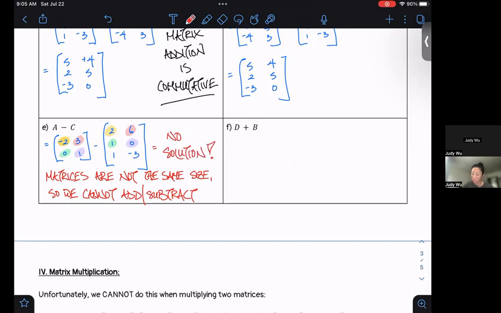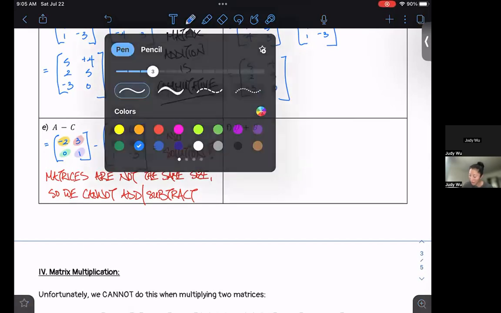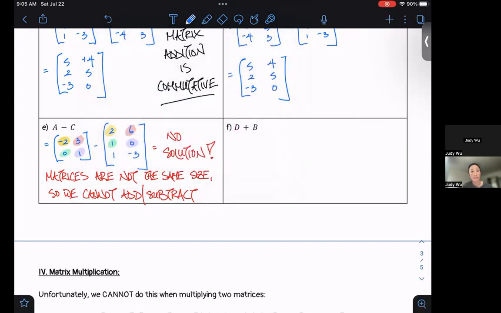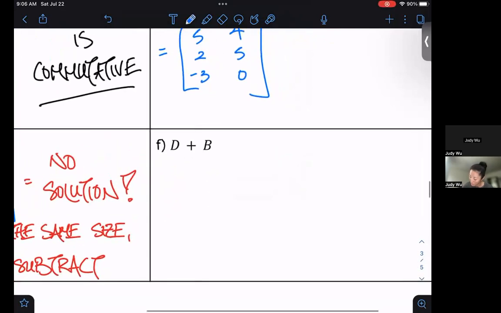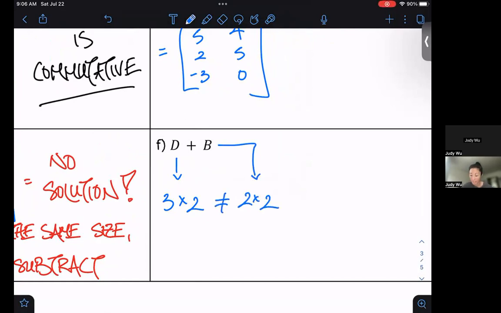Okay, all right. I'm not even going to write down D plus B, but I'm going to go back and say, what are the dimensions? I remember that D is a 3-row and 2-column matrix, and B is a 2 by 2. And since those are not equal, we can say that there's no solution.